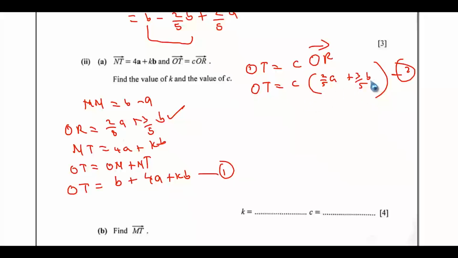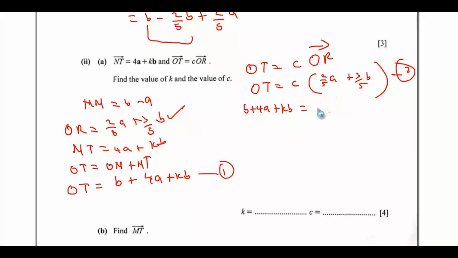Okay, so if you equate equations 1 and 2, you see that equation 1, that is B plus 4A plus KB, will be equal to equation 2.